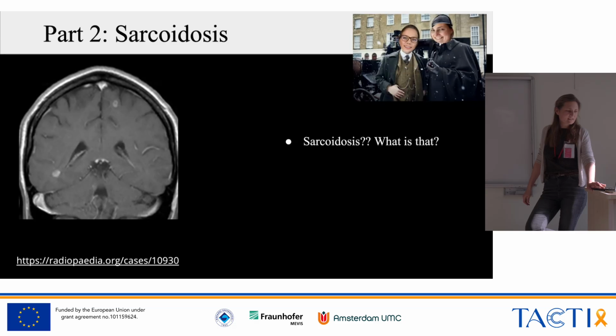Granulomas, granular diseases. But what is important is that this is also one of those conditions that can happen in the brain, sarcoidosis, but they usually happen outside the brain. So it's very important that you also know what's going on outside the brain if you find lung manifestations or other manifestations of disease. But for example, sarcoidosis can cause granulomatous lesions in the brain.